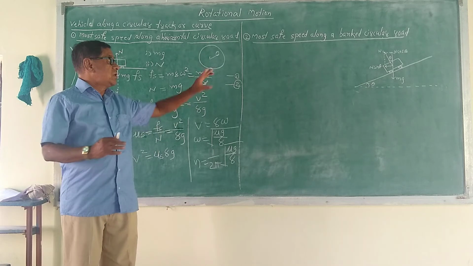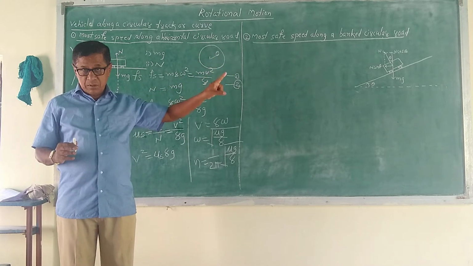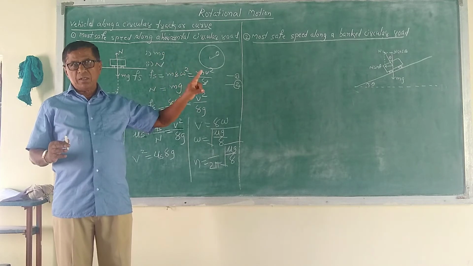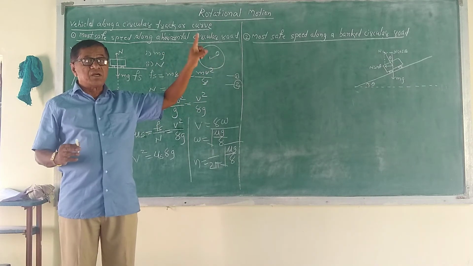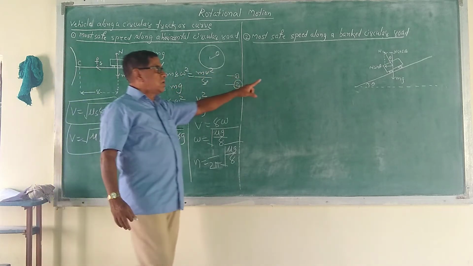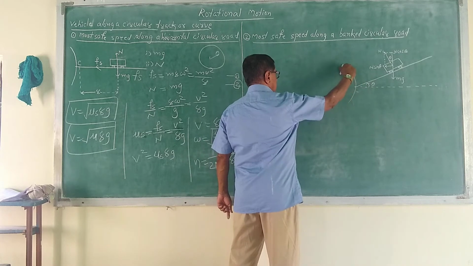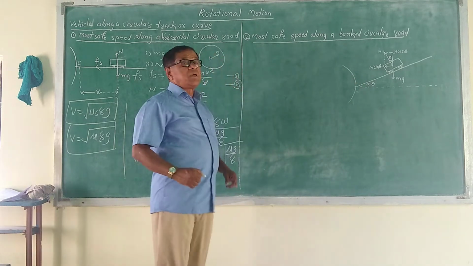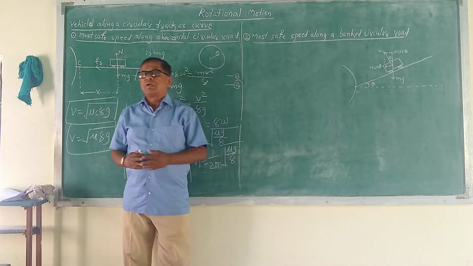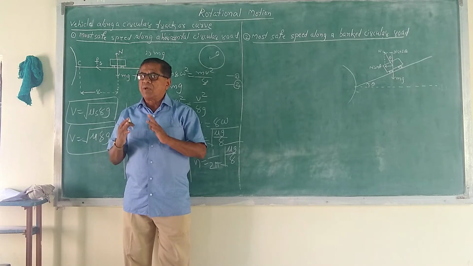In this case, the road surface is kept tilted, that is inclined with the horizontal. That is the second diagram. This is the first diagram. Here at the turn, the road is kept tilted with the horizontal. The angle of inclination is called the angle of banking.